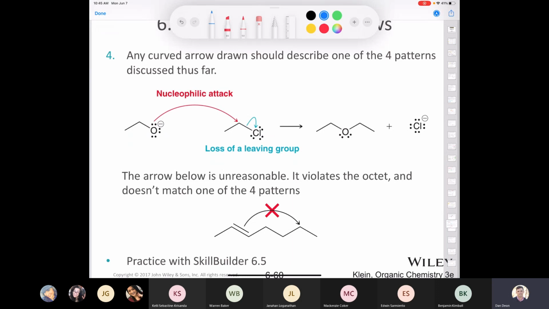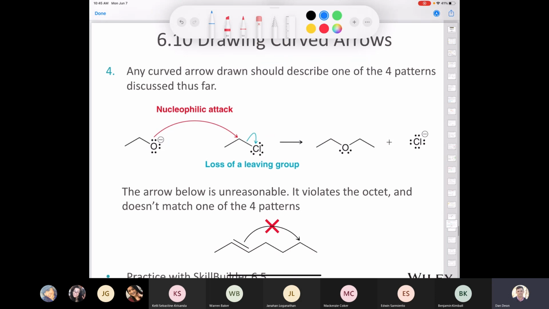Any curved arrow drawn should describe one of the 4 patterns. If you try to draw something that doesn't fall under them, so what are our 4 patterns? You've got nucleophilic attack, loss of leaving group, proton transfer, and rearrangement. It's got to fall under the umbrella of one of those, or you're in trouble. You've done something wrong.